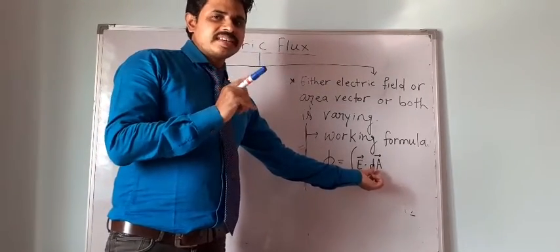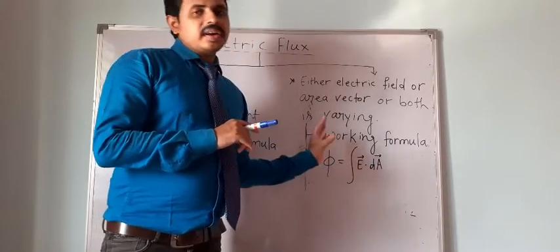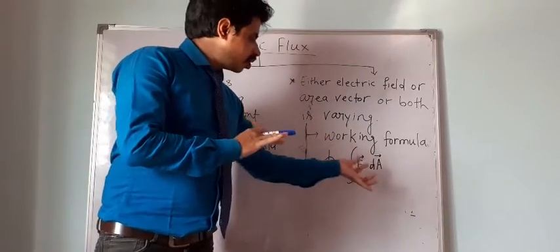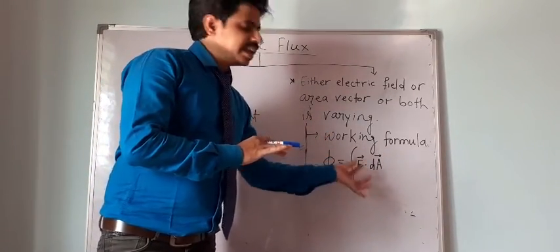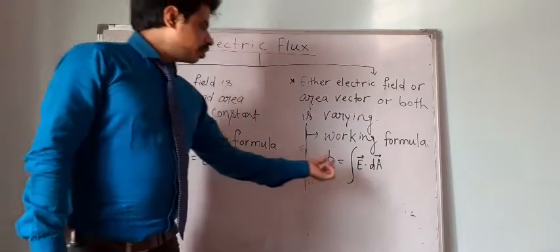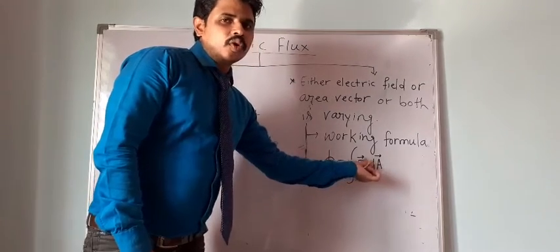हमें एक small area search करना होगा जिसमें कि इलेक्ट्रिक फील्ड कांस्टेंट हो। Means we have to find the small area over which electric field could be constant. Then there is no problem, I can apply the dot of E and A over that area.